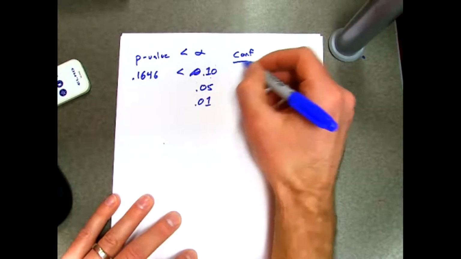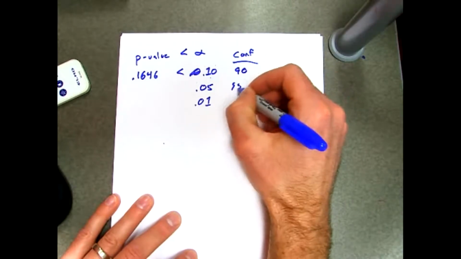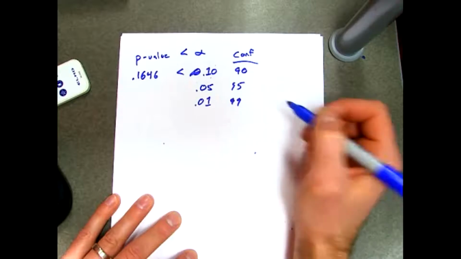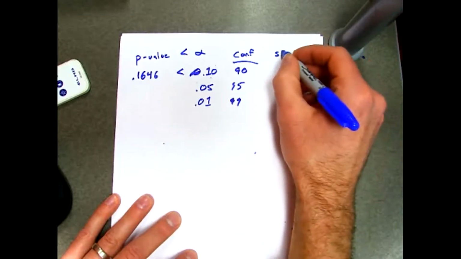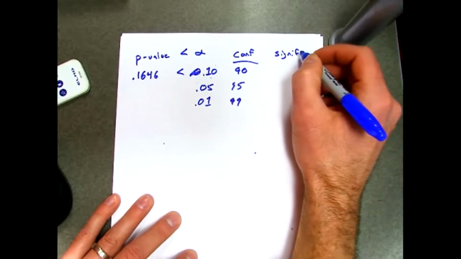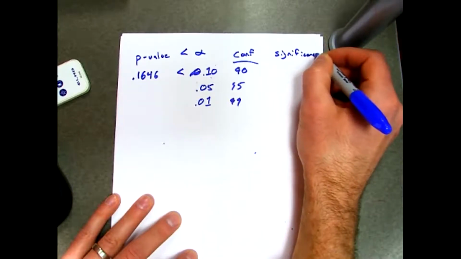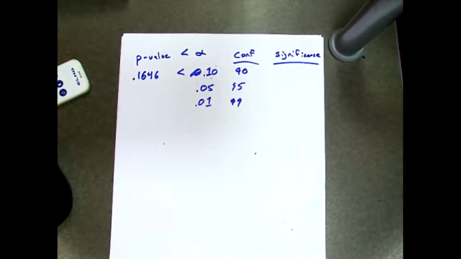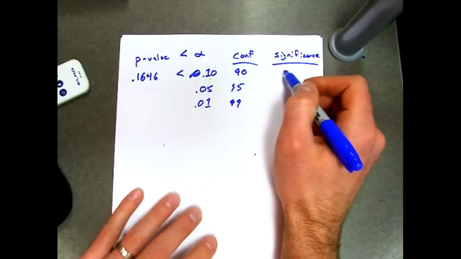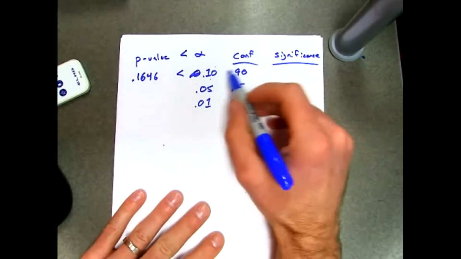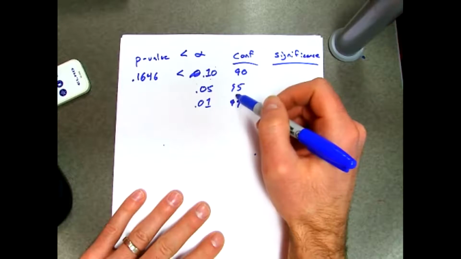They would correspond to the 90, 95, 99% confidence levels. And then we'll start using this terminology, which is significance level. So we won't harp on it as much when we're thinking about hypothesis testing, although we will use it. We're really going to use it once we get to linear regression. So all the significance level is, is being able to reject at certain levels of confidence.